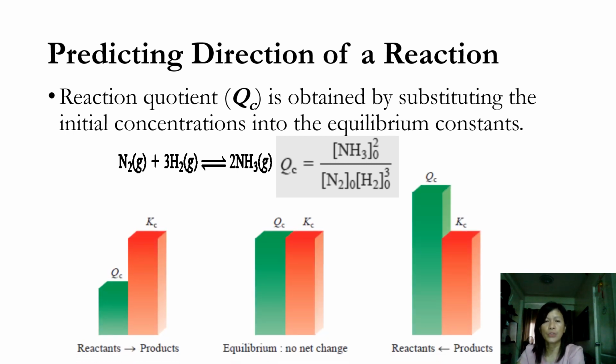So what is the use of the reaction quotient in predicting the direction of a reaction? By comparing the reaction quotient with the equilibrium constant of a reaction.